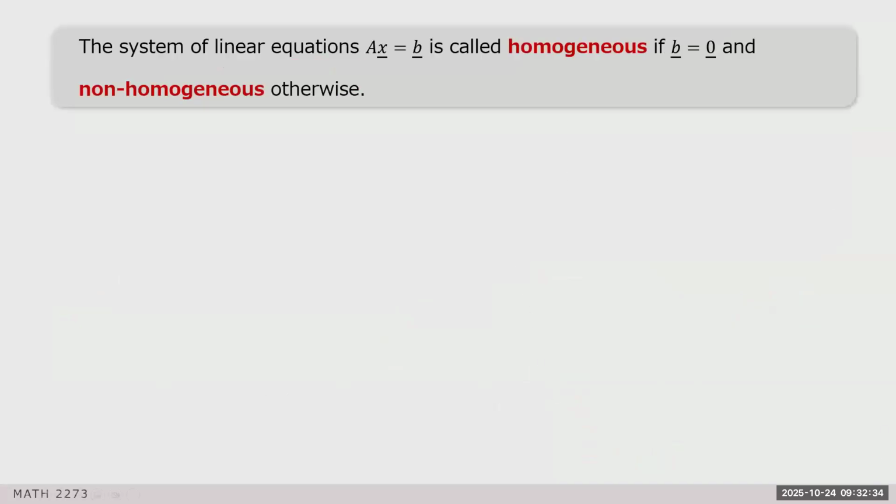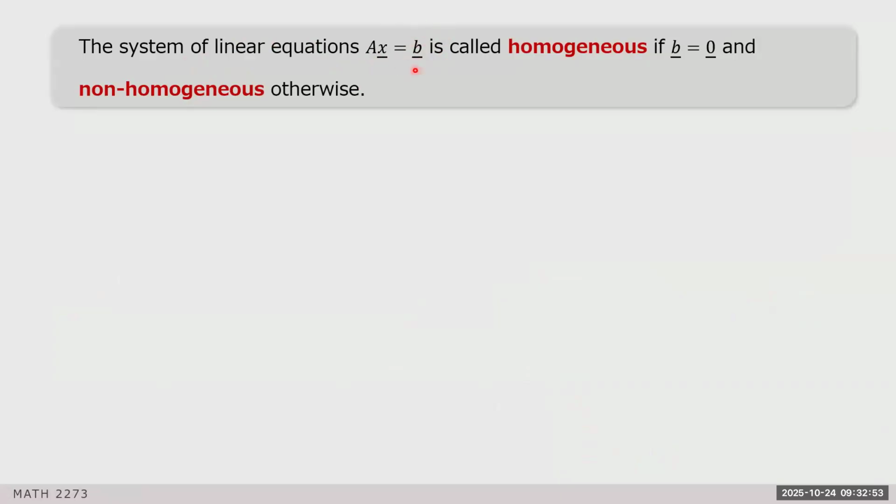Okay, so some terminology. In this system, AX equal B, X now represents a column of unknowns and B represents a column of numbers, okay?